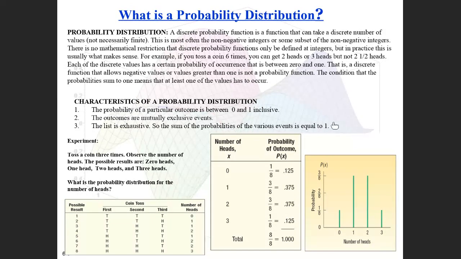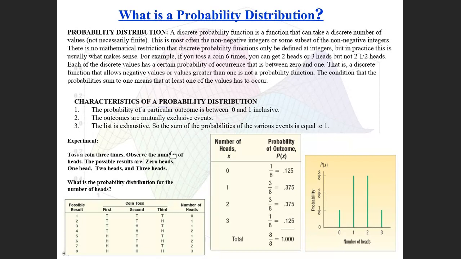So, what are the characteristics of a probability distribution? The probability of a particular outcome is between 0 and 1 inclusive, just like the other probabilities that we just talked about from chapter 4. The outcomes are mutually exclusive events. The list is exhaustive, so the sum of the probabilities of the various events equals 1.